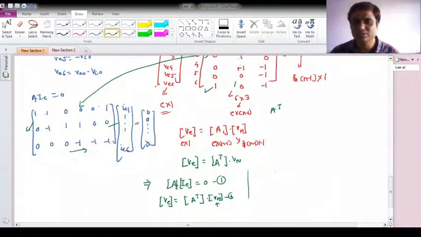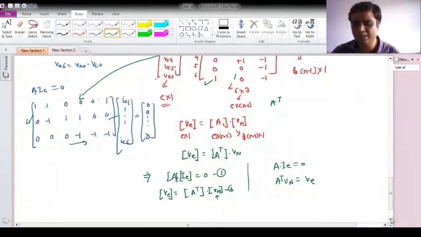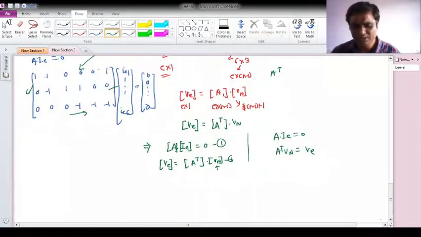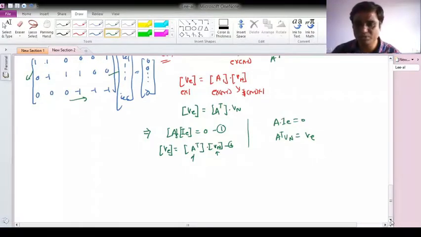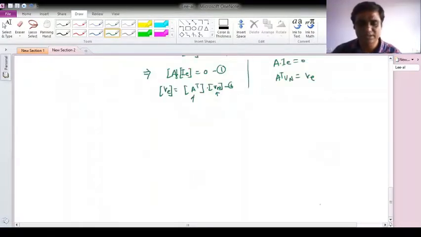So in short, A into IE was 0, and A transpose Vn, that is node voltages, is equal to VE. So basically this A transpose is nothing but the transpose of the incidence matrix. Now this equation we can use to compute the node voltages using the nodal analysis method. Let us see how this can be used for actually solving the circuit.